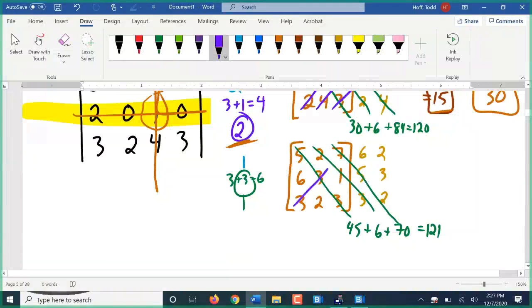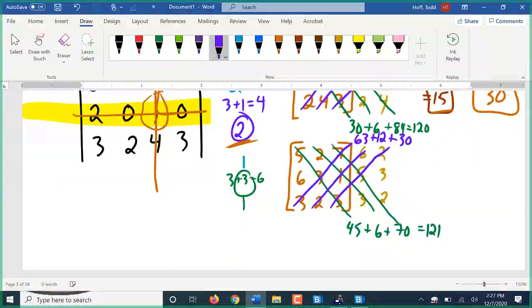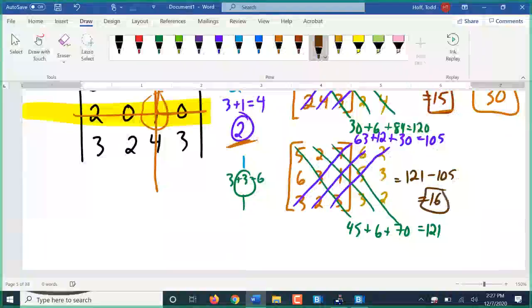Going up, 3 times 3 times 7 is 63, plus 2 times 1 times 6 is 12, plus 3 times 5 times 2 is 30, is 105. We have 121 minus 105 is 16. So to complete our partial there, we have 1 times 16 is 16.